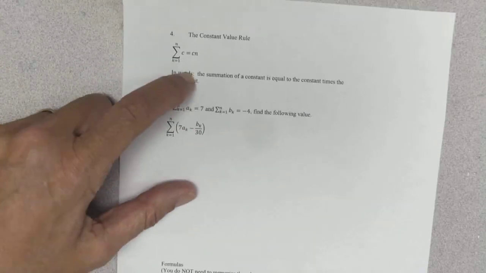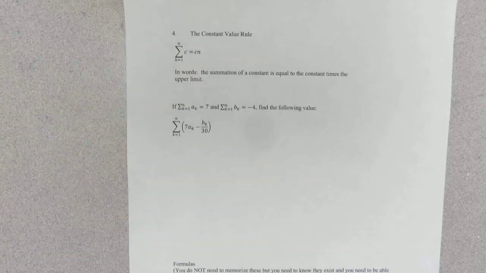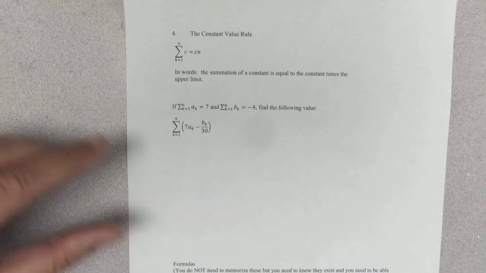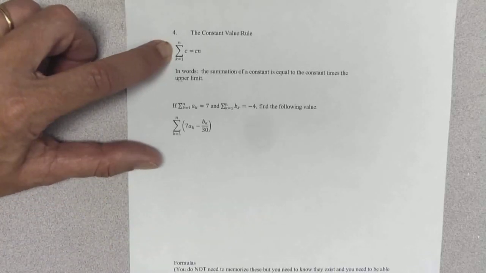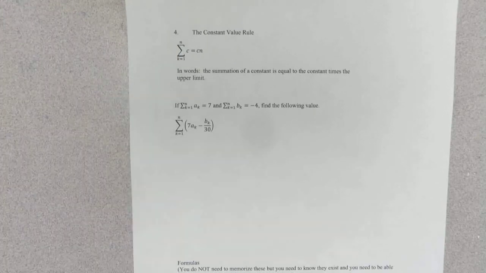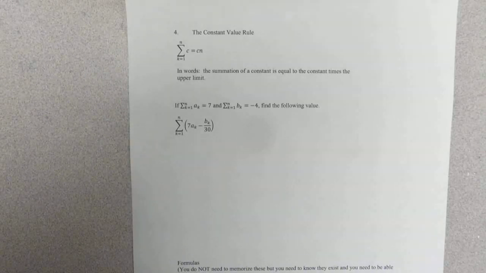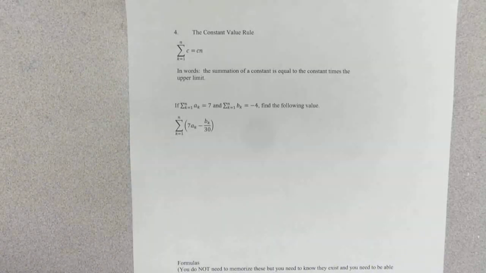So there's our first little formula: the summation from k equal 1 to n of c, where c is just some sort of number, is c times n, where n is that upper limit there. In other words, the summation of a constant is equal to the constant times n. And we will stop this video and do this first problem on the next video.